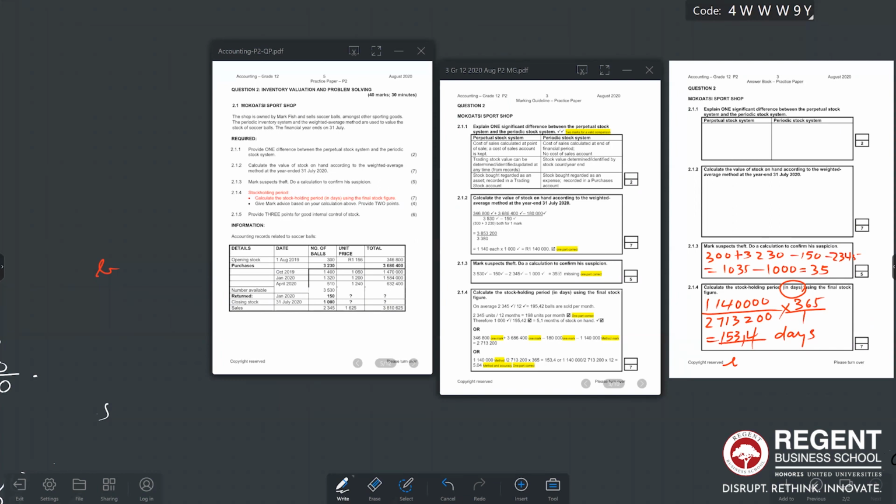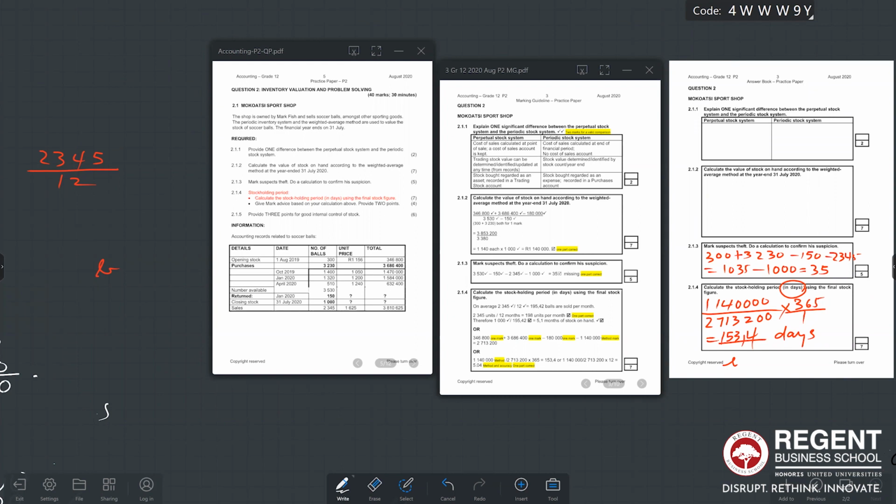Now, if I want to know, on average, how many soccer balls am I selling per month? Take 2,345 and divide it by 12, because there are 12 months in the year. So I want to know in 1 month, how many soccer balls am I selling?